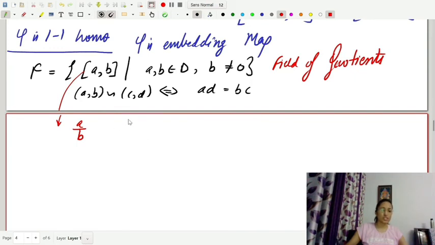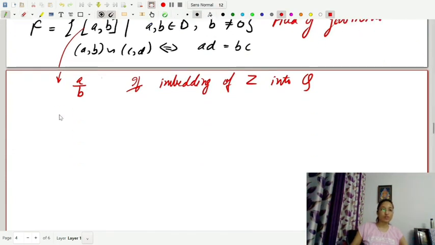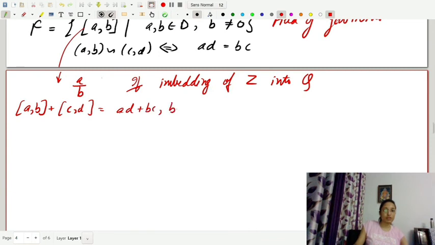The logic behind this is just that if we consider an embedding of Z into Q, it would look like this. In fact, at times this notation looks more natural and convenient. For instance, (a, b) + (c, d) is equal to (ad + bc, bd).